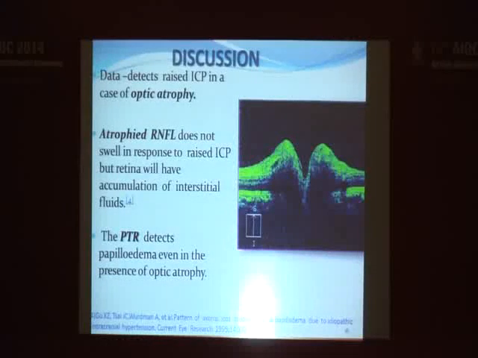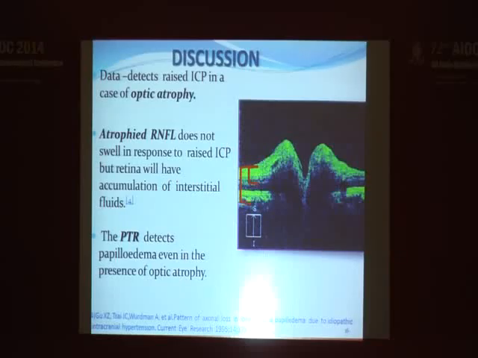This normative data might also help in cases of optic atrophy. Because what happens in optic atrophy is that the retinal nerve fiber layer gets thinned out. It doesn't swell with raised ICP. However, there is accumulation of interstitial fluid in this peripapillary retinal area in case of raised ICP. So if we use this protocol or this normative data, we will be able to monitor the changes in raised ICP in cases of optic atrophy.